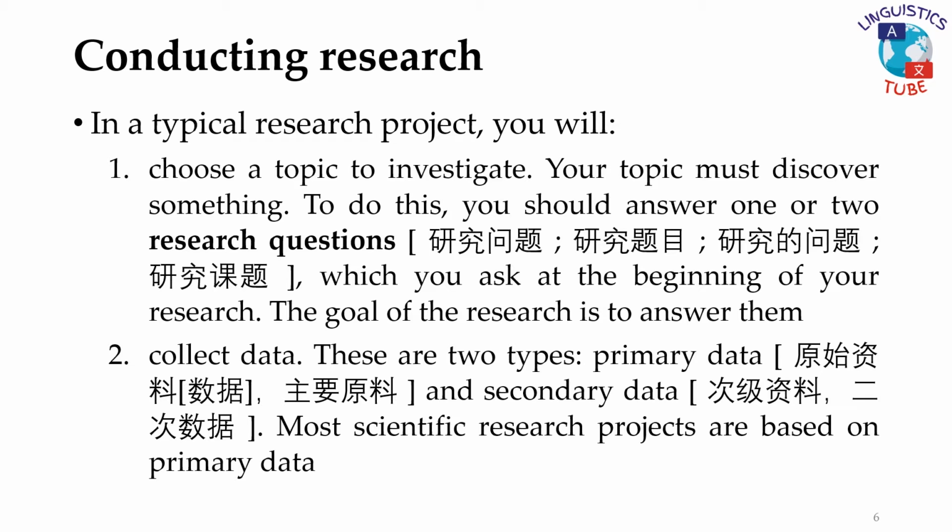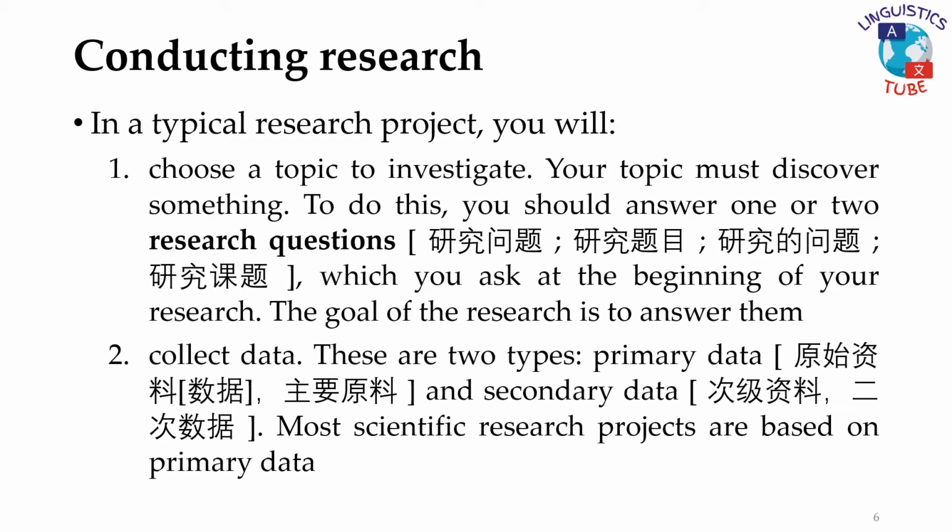After you have chosen your topic and asked your research question, you need to investigate it. In order to do this, you need to collect data. In general, there are two types of data: primary data and secondary data. In a typical scientific research project, you need to collect primary data. This is original data.